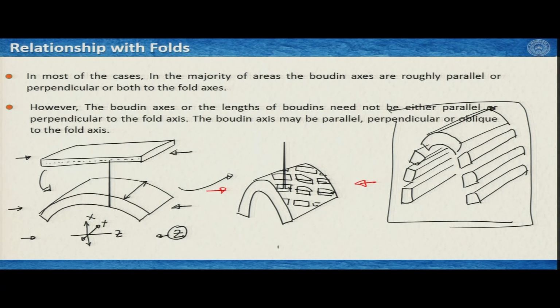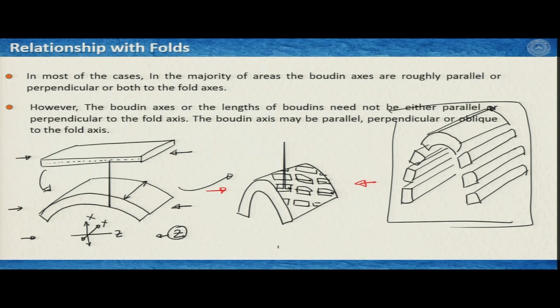The reason for emphasizing this obvious point repeatedly is that the parallelism of Boudin axis and fold axis has so often been emphasized that students tend to make this assumption when they observe Boudinage structures on a fold profile, and they consider that this is either parallel or perpendicular to the fold axis, and this may not always be true.